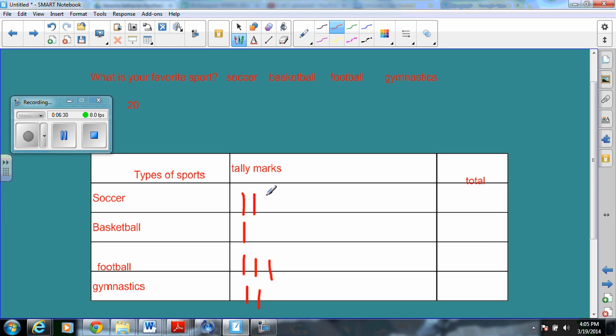All right, I'm going to keep putting tally marks. Are you keeping track? How many more do I have to make? If you said 6, you're right.